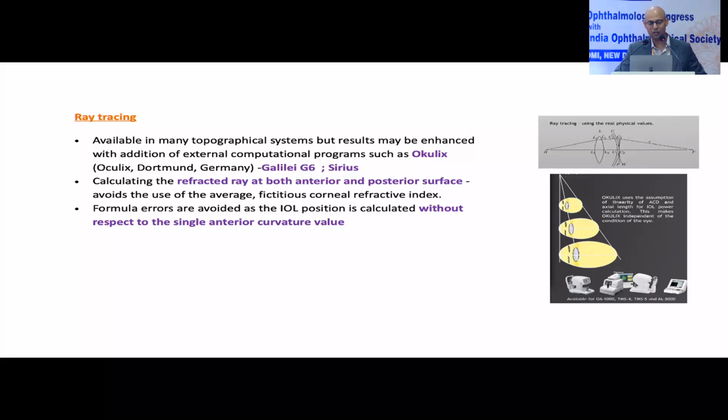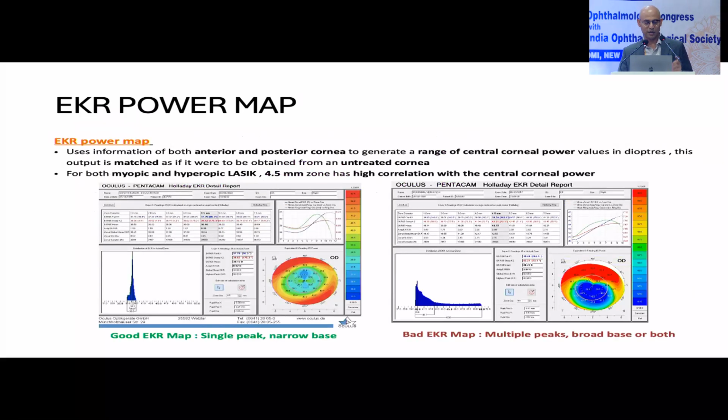Now, ray tracing machines are available which avoid the formula errors, and basically they calculate the refracted ray at both the anterior and posterior surface, and are supposed to be very accurate. I don't have much experience with these, but some of the machines like Sirius, Galilei, OrbScan and iTrace aberrometers, you can use these. So Pentacam uses this EKR power map. You can see these two graphs.